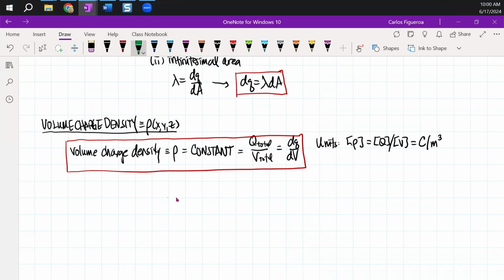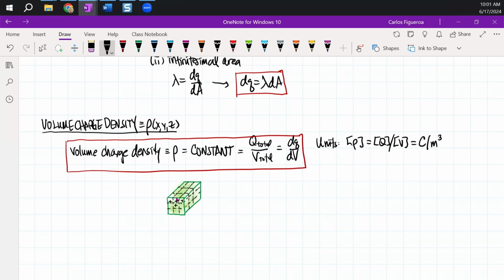So I could imagine that I have a little cube, and then I just partition it.